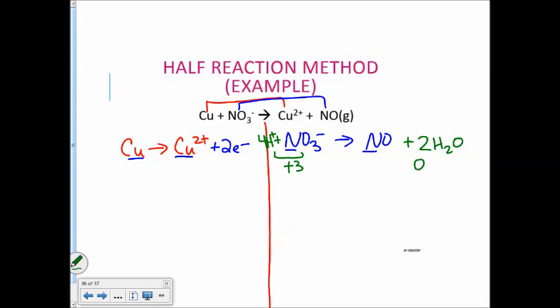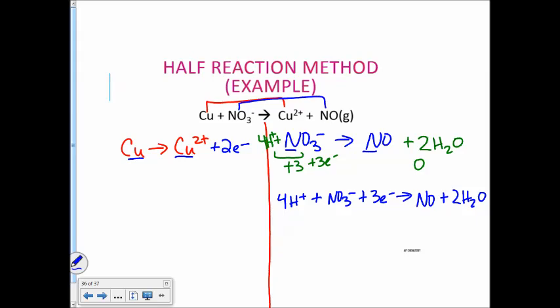So +3 to 0, that means I need to add in 3 electrons. What side do they need to go on? I need to add in 3 over here, right? Because the +3 plus the 3 electrons, doesn't that make you get 0? A +3 plus -3 gives you 0, right? Okay, so this half reaction, I'm going to rewrite it down here to make it look right. See that? Okay, so that's my total half reaction.